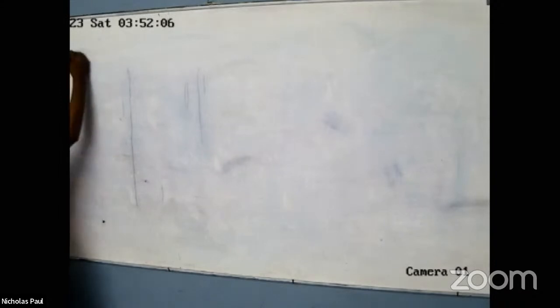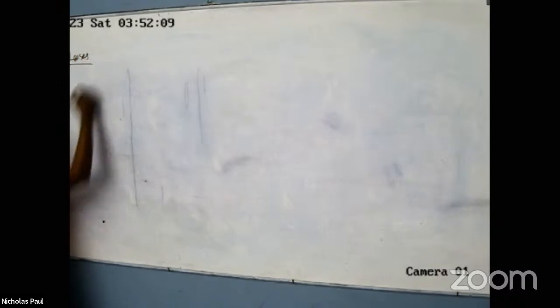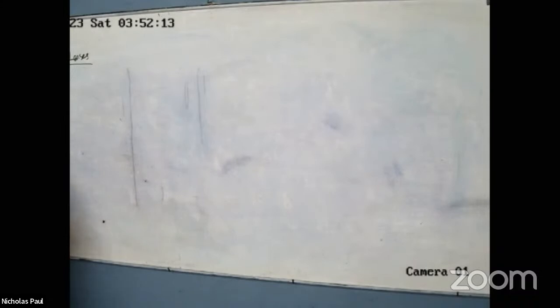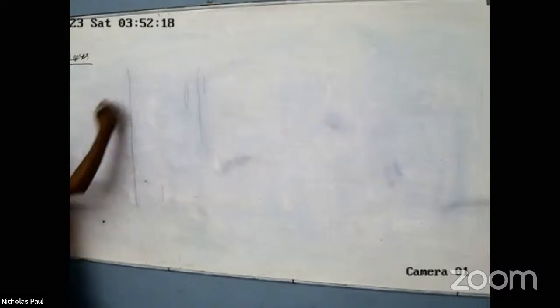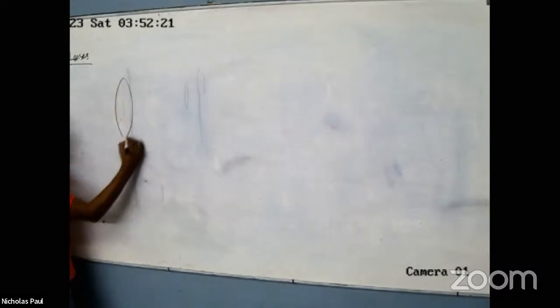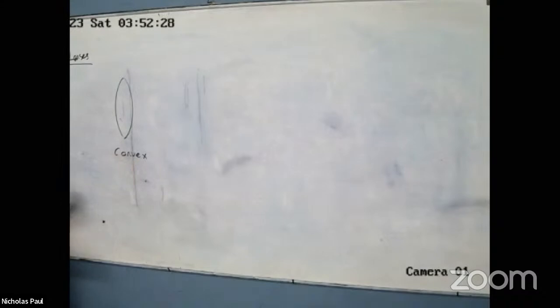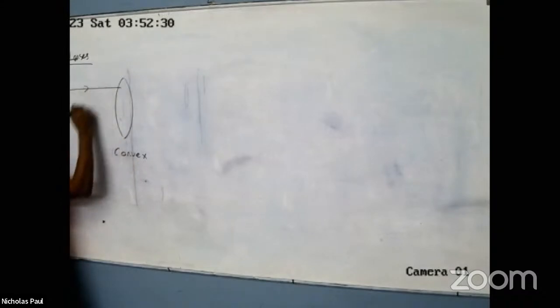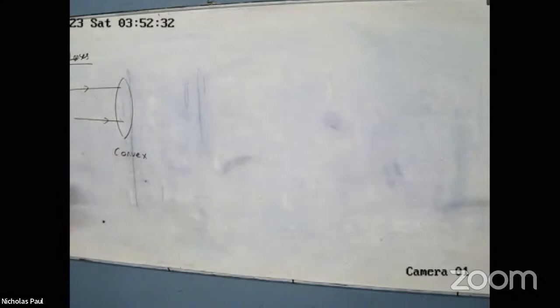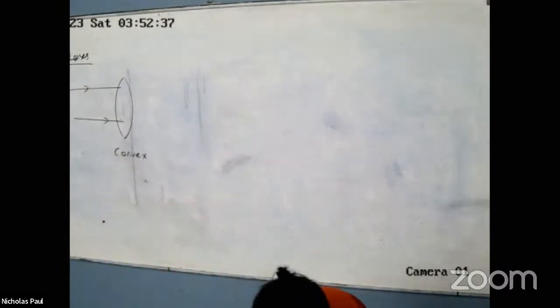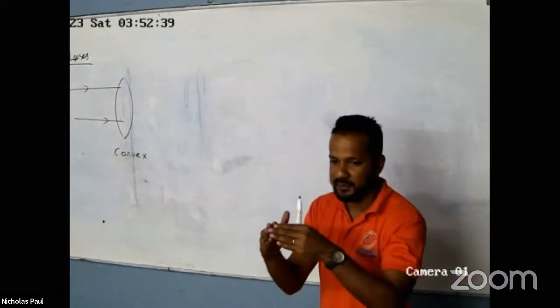All right, so as I said, we want to focus on lenses. There are 2 types of lenses. Anybody know the 2 types of lens? Number 1 is your convex lens. And what does it do to light? When light reaches here and here, what happens? It brings it in.